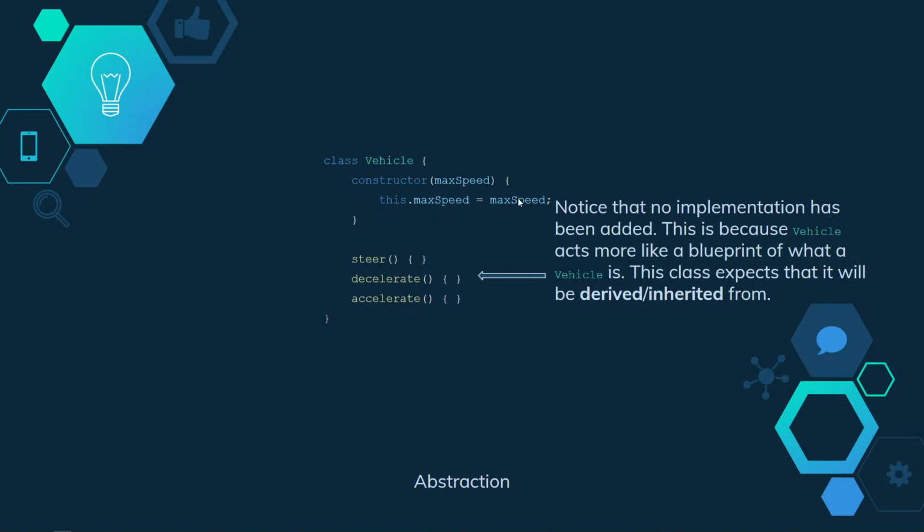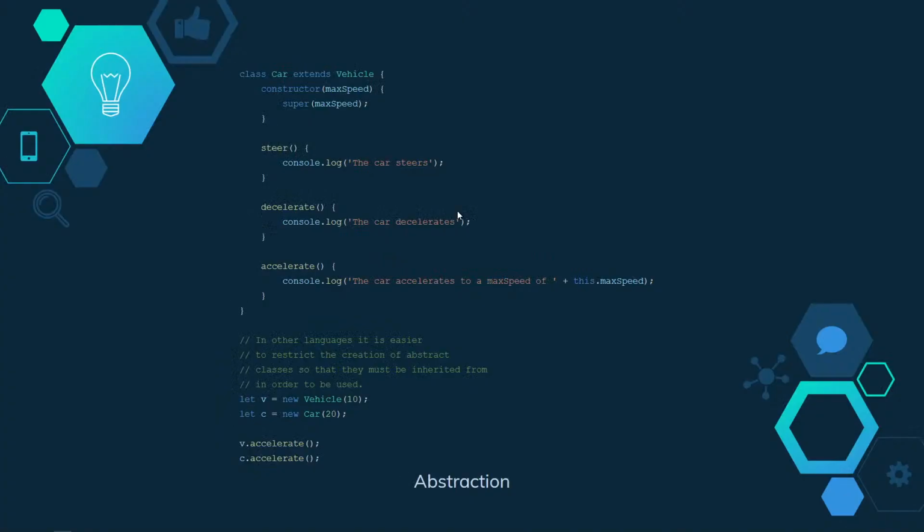Now in Java, you would normally define your variables here, but classes are just objects, and we can just say this dot, and we can create our properties on the fly. So we don't actually have to define them. Okay. So again, this is JavaScript, not Java, so it's slightly different.